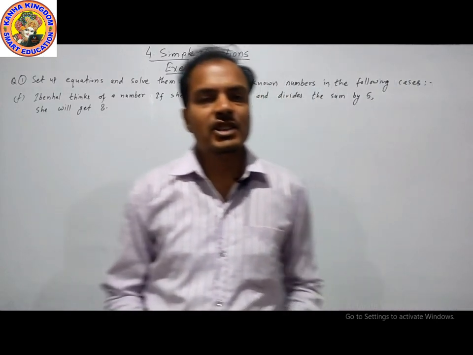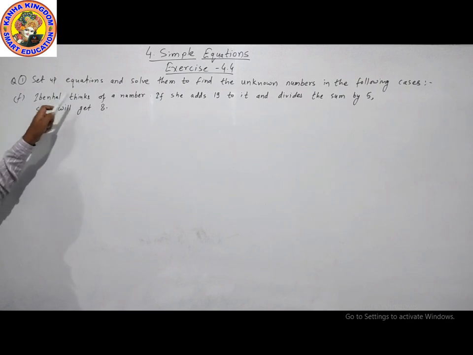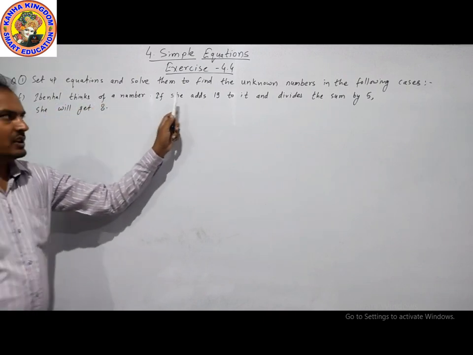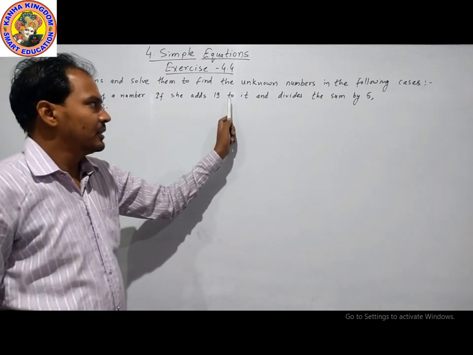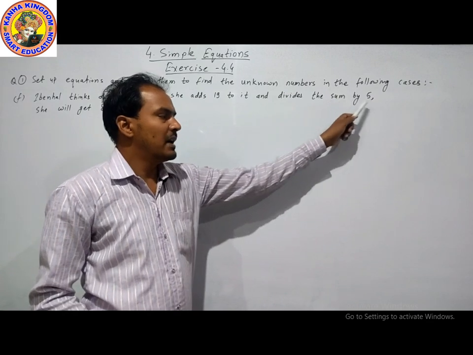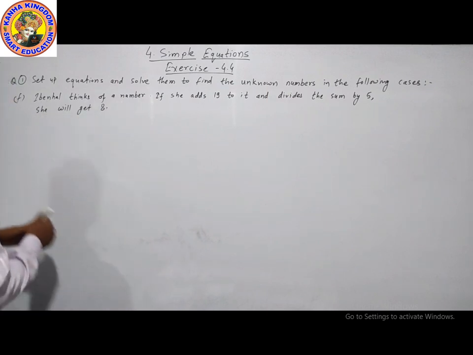Now our next part is part F. Ebenhal thinks of a number. If she adds 19 to it and divides the sum by 5, she will get 8. First of all, Ebenhal thinks of a number.